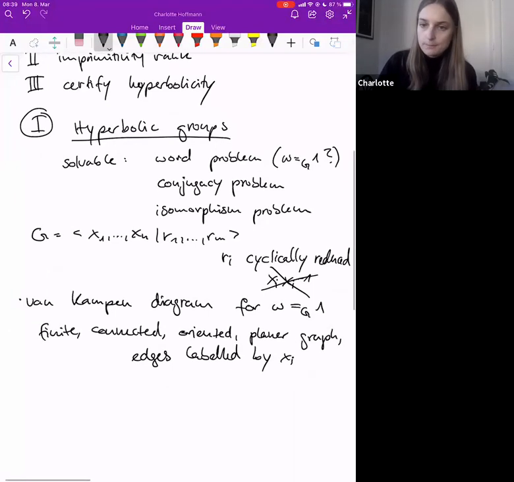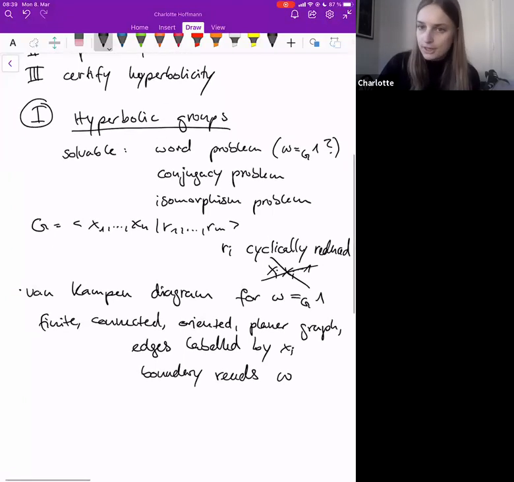And then the boundary of the diagram is labeled by W. And we have that the boundary of all of the faces reads some relator or the inverse of a relator.